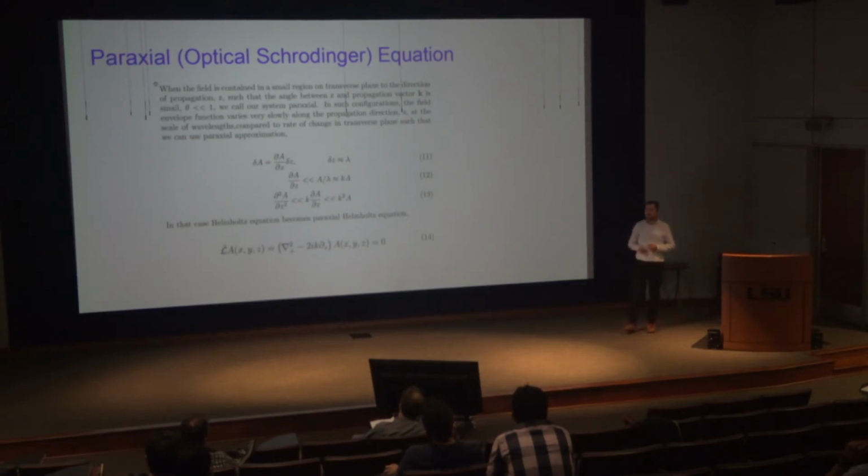Later, if your beam is constrained like a ray, so it's not divergent far away in Z, then you end up with the paraxial beam equation, which is just a diffusive equation, also called the optical Schrodinger equation.